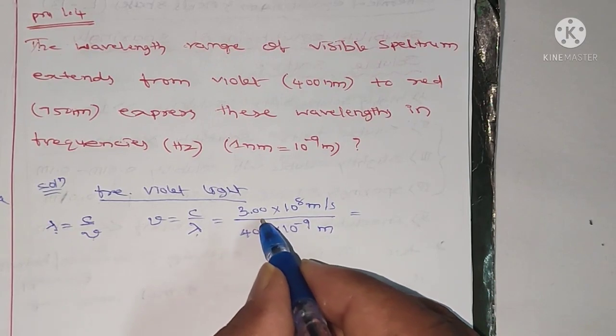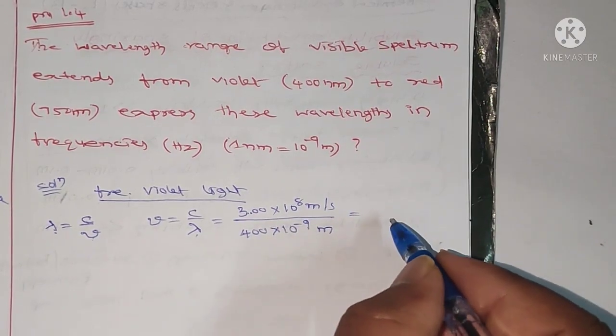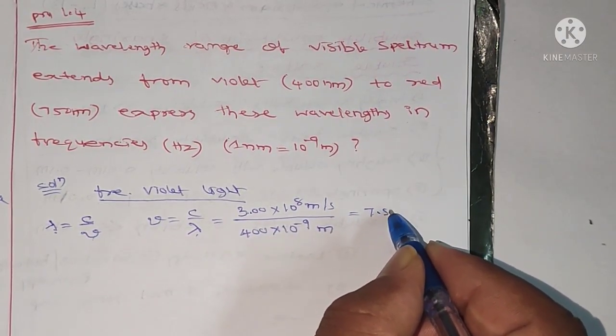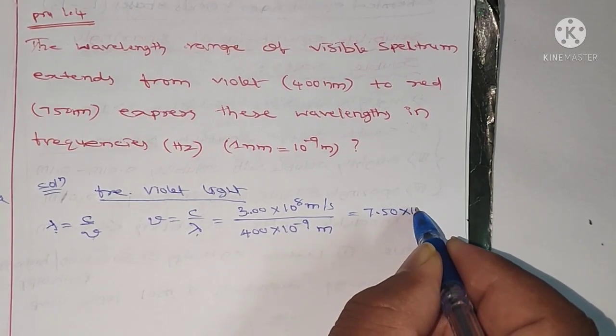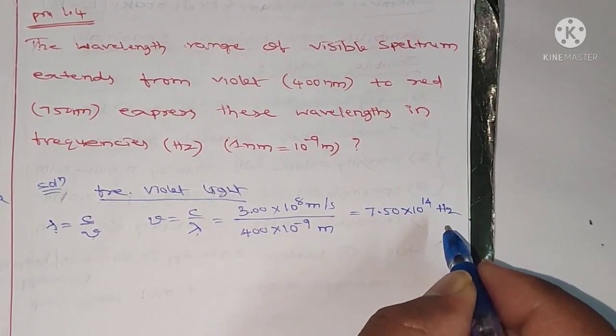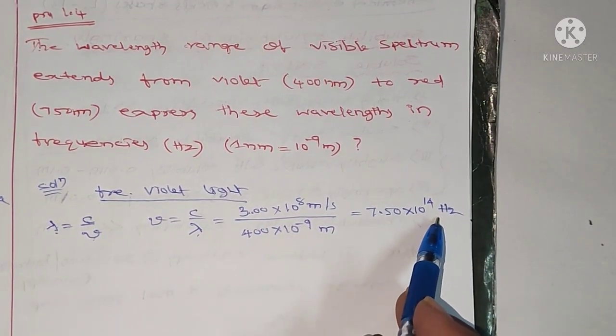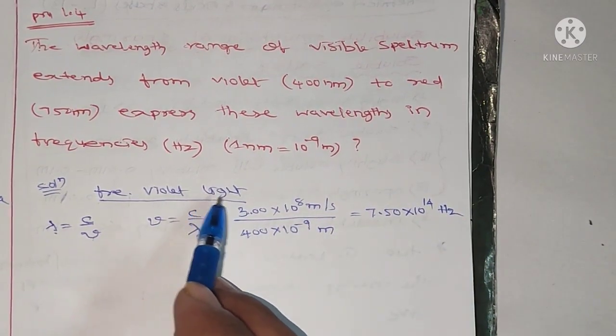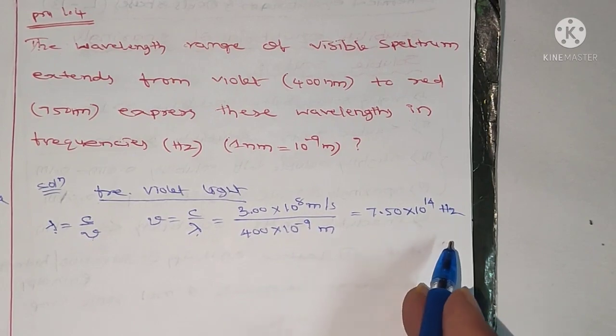If you do this calculation, we get 7.50 into 10 to the power of 14 hertz. So this is the frequency of violet light.